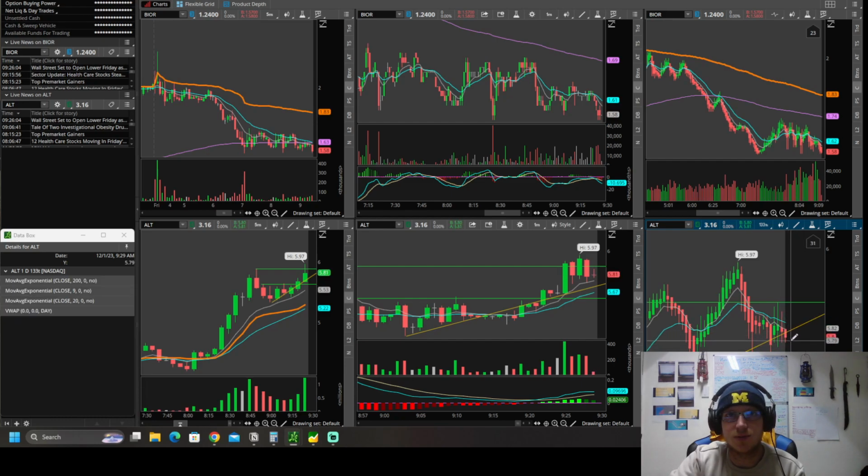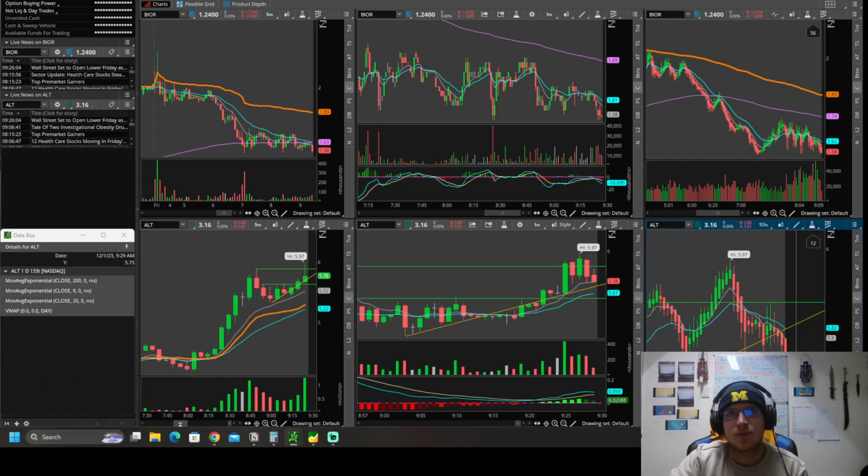Wants to. Green candle is the buy. Let's see if this works. No green candle. No buy.